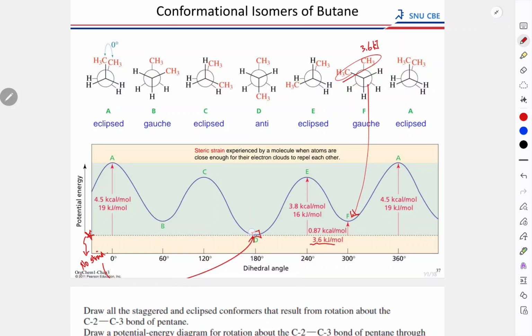And you know that this conformer F is energetically and arrangement-wise identical to B, so you have 3.6 kilojoule per mole. And A is of course identical to A.